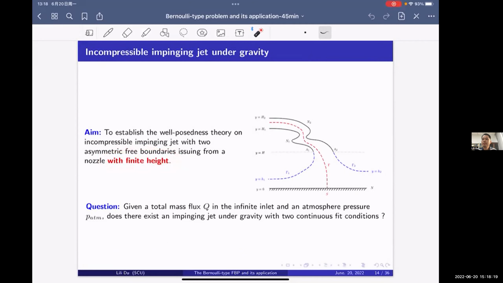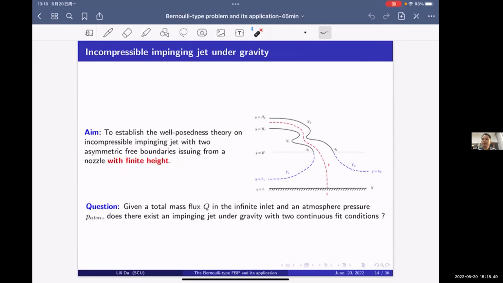So as an approximate model, we first investigate the following impinging jet problem. The aim of this work is to establish the well-posedness theory on the incompressible impinging jet with two free boundaries issuing from the nozzle.